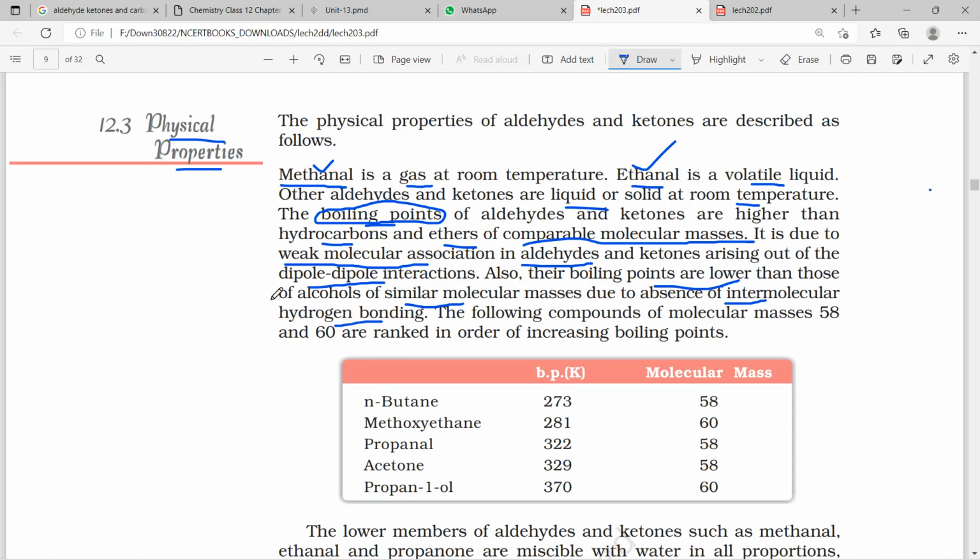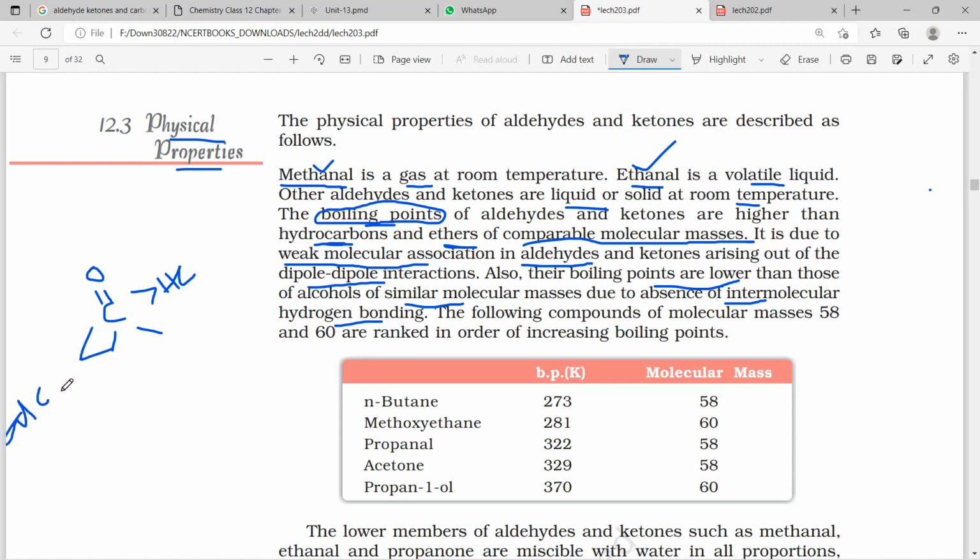So listen here, they are lower than the alcohols and higher than the corresponding hydrocarbons and ethers. So two points we can remember: the boiling point of the carbonyl compound is greater than hydrocarbons and ethers, even though the molecular mass is the same, but it is lesser than the corresponding alcohols.